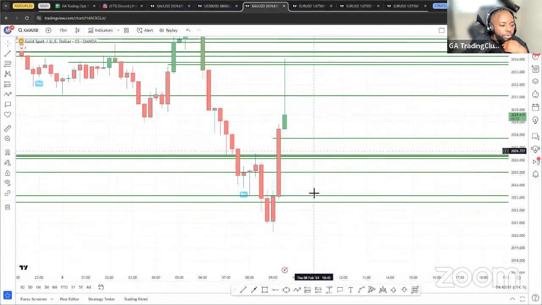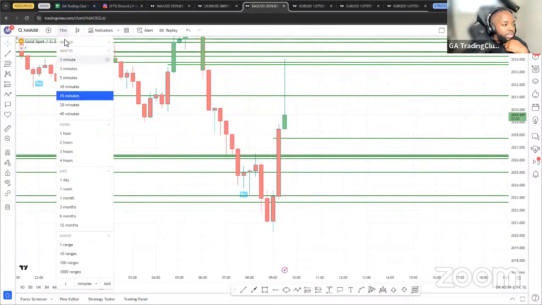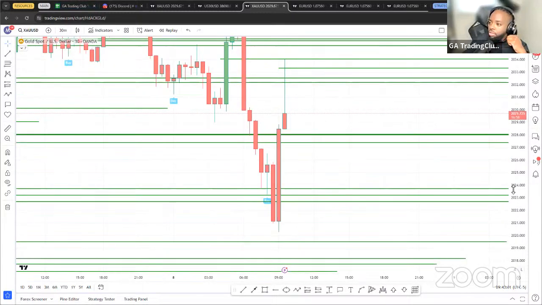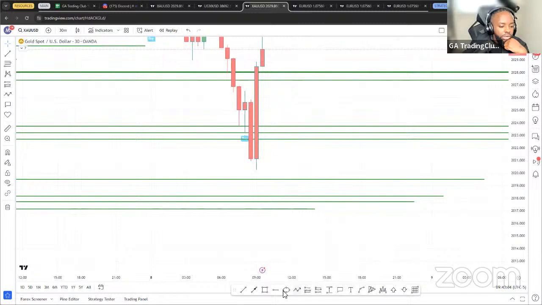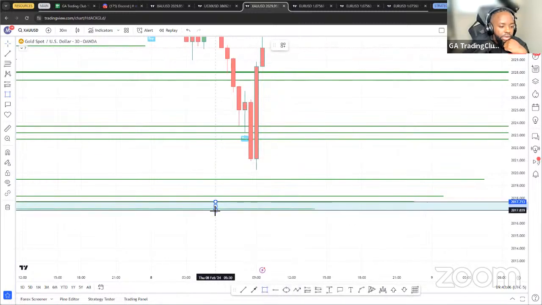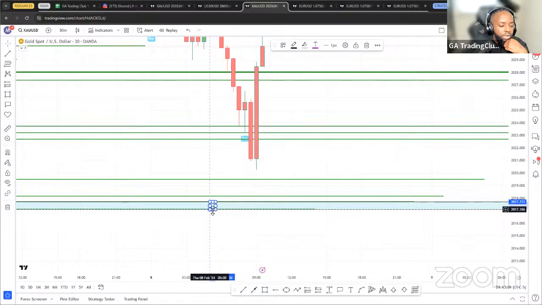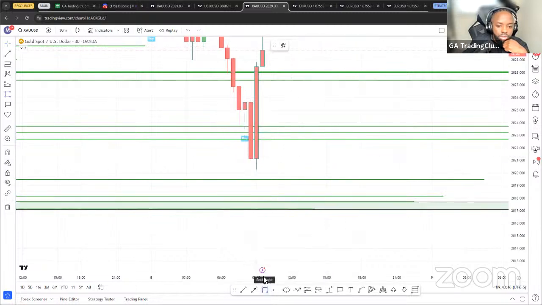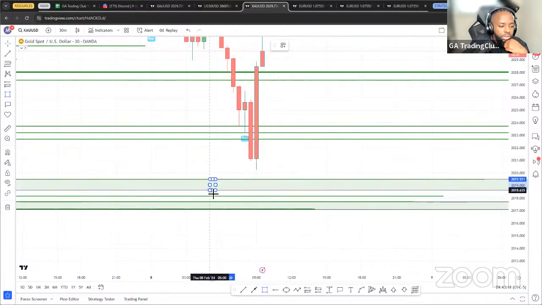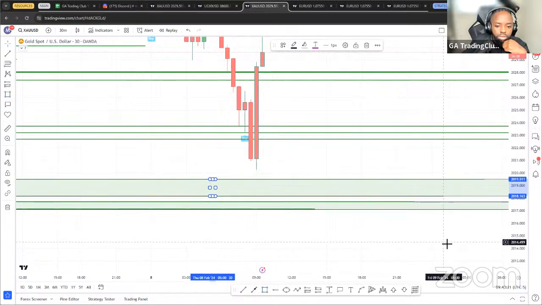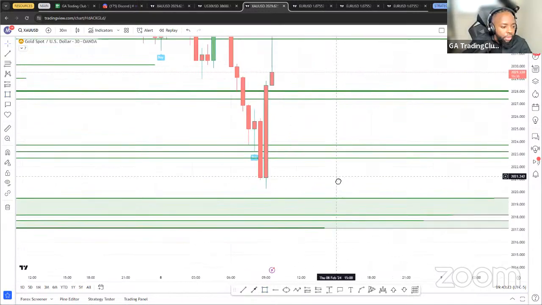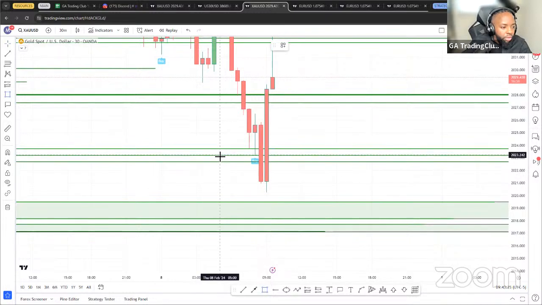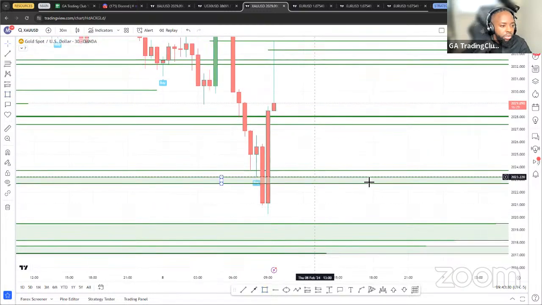Okay. Then for gold, let's start with the 30-minute and just highlight the zones that we have around here. So for gold, we have this one at the bottom here. This is the 30-minute. And this one as well, it's a 30-minute one. This one right here, it's a 30-minute zone.